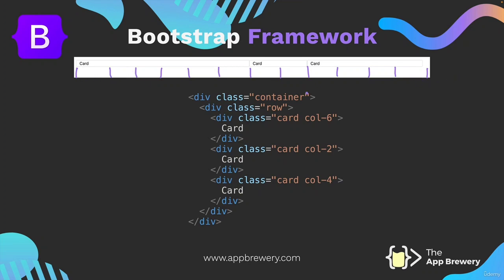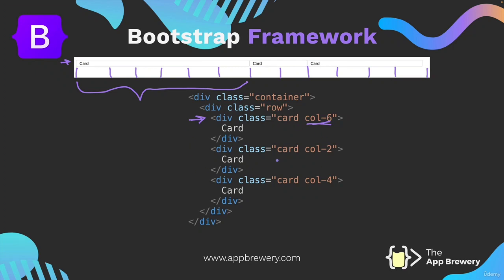Now you can say, if I want a particular div to take up half of the width, then I can use this class called col-6, so column-6. It's basically going to take up 6 of these columns, so 6 of these little sections. And as you can see, this first card indeed takes up 6 of the sections.